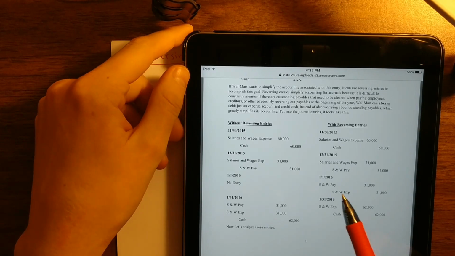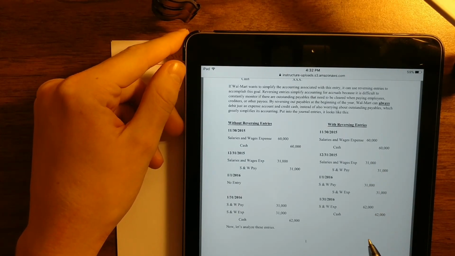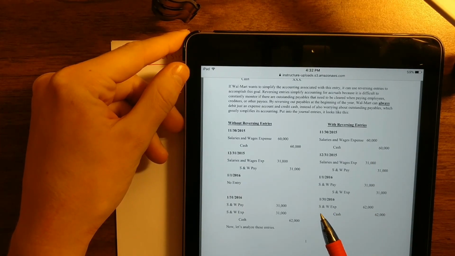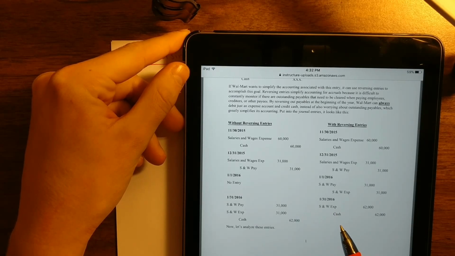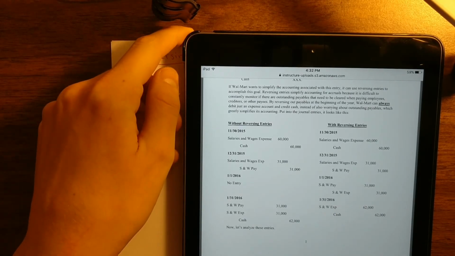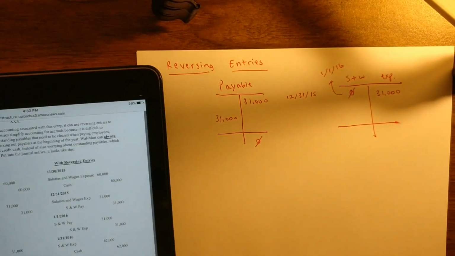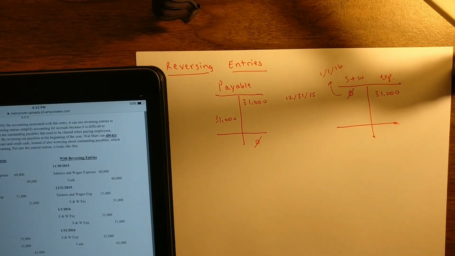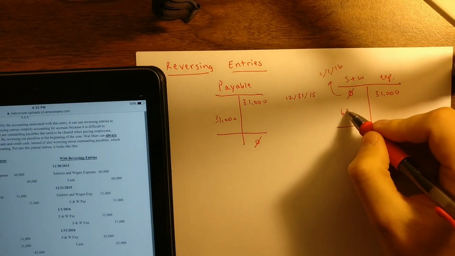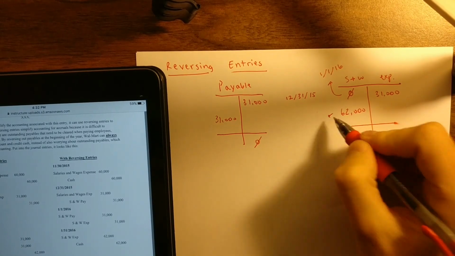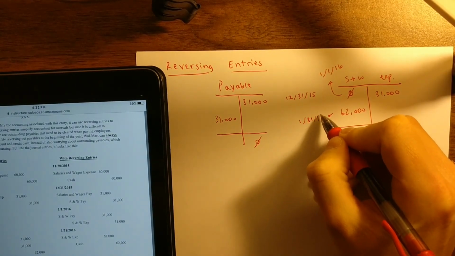Then you can see on the reversing entry side, it says debit salaries and wages expense and credit cash, right? So what's that going to look like in our salaries and wages expense T account? It's going to look like this. We're going to have a debit right there, and that's 1/31 of 16.